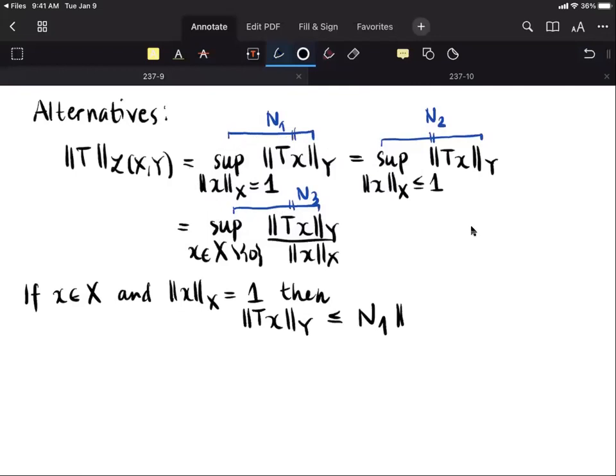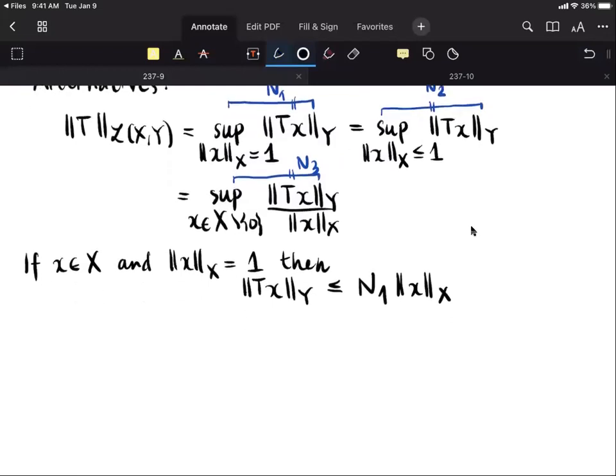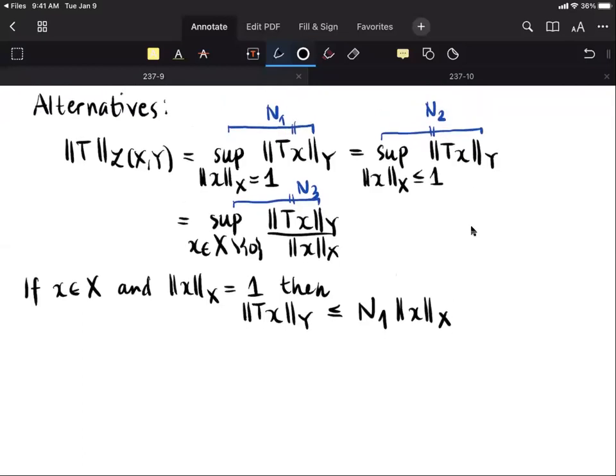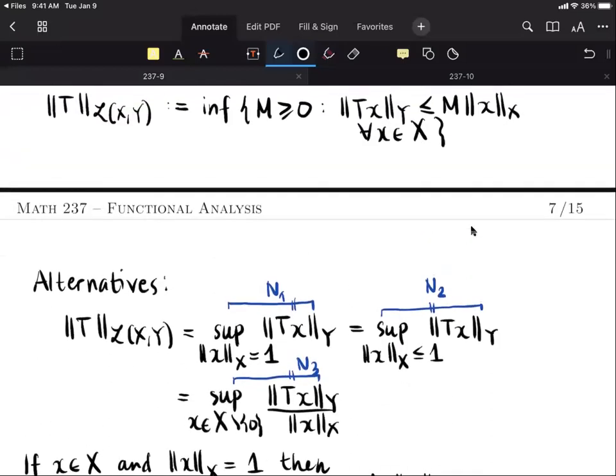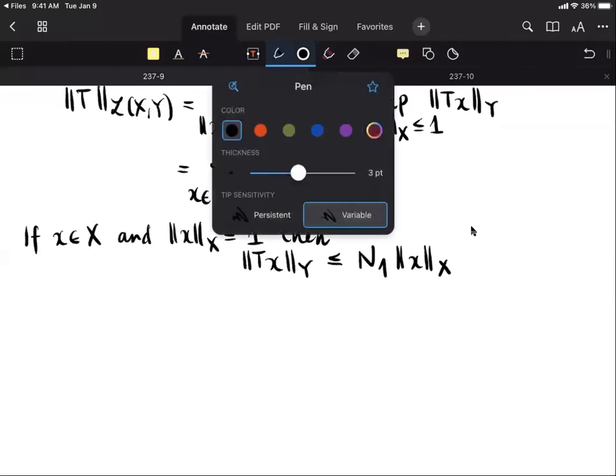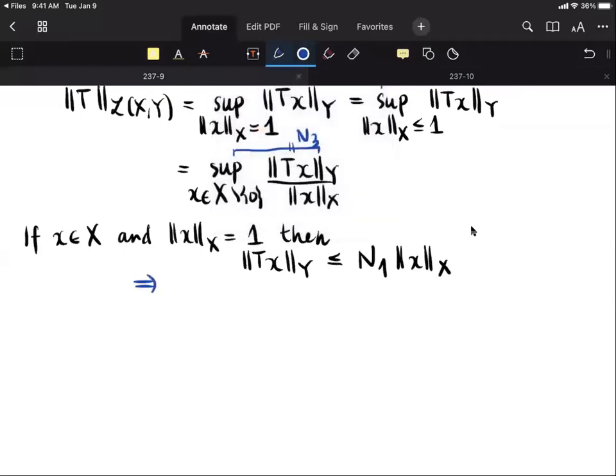And I can write, of course, this by, I can multiply by 1. So N1 is a bound for the operator T. Therefore, by the definition of the norm, since it is the infimum, the infimum is smaller than N1. So this implies that the norm of T is less than or equal to N1.